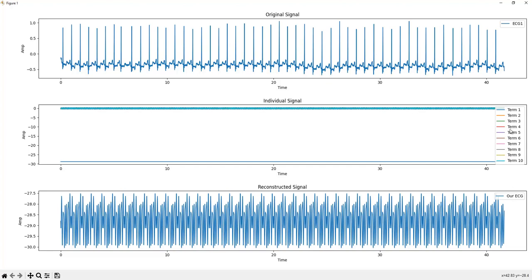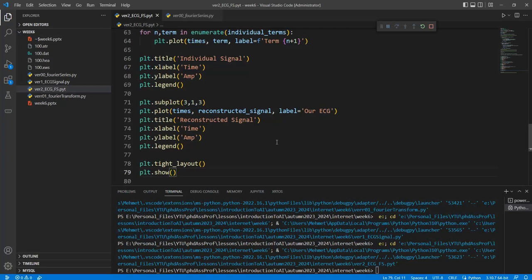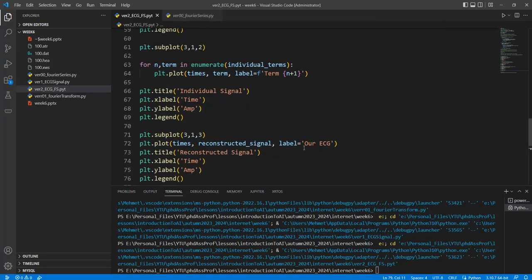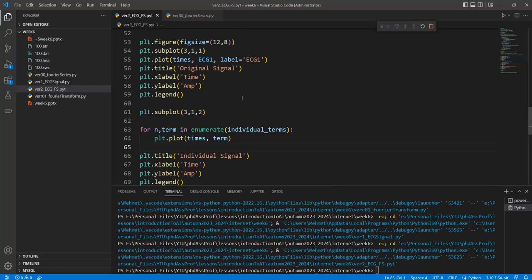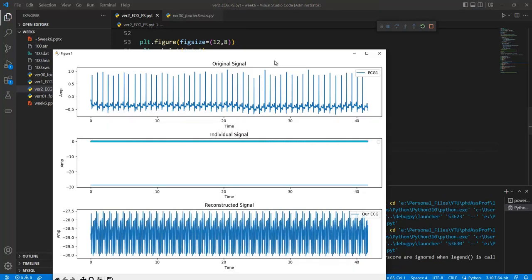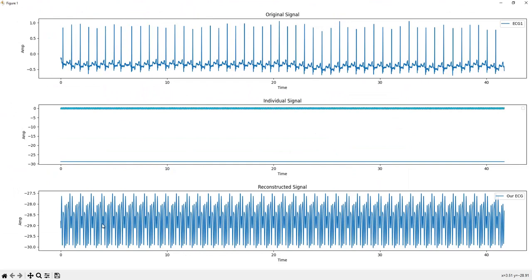With 10 terms we get this amplitude, this signal like this one, but the true signal is in the first figure, right? Okay, but how about this? I can explain here that with this number of terms we cannot model this parameter because this signal is not the same as the first one, right?